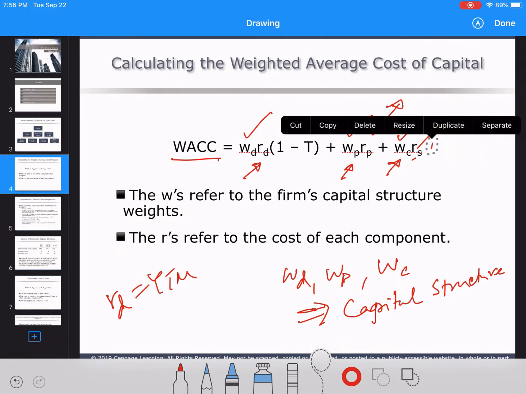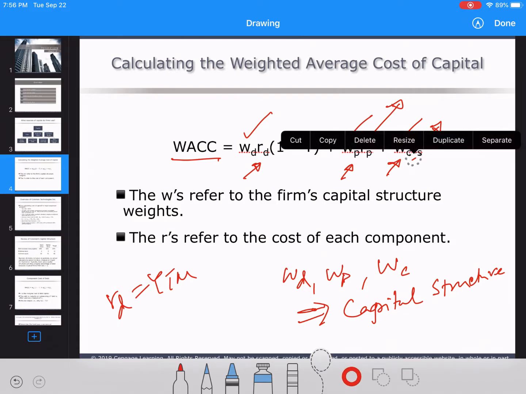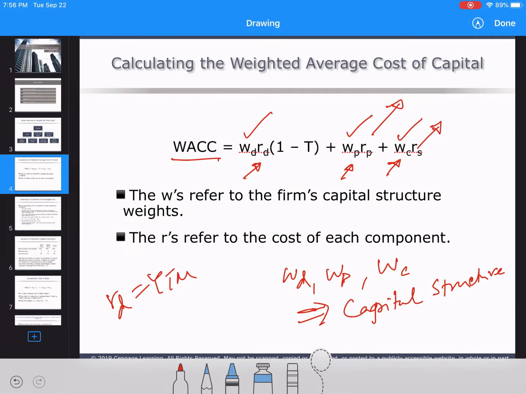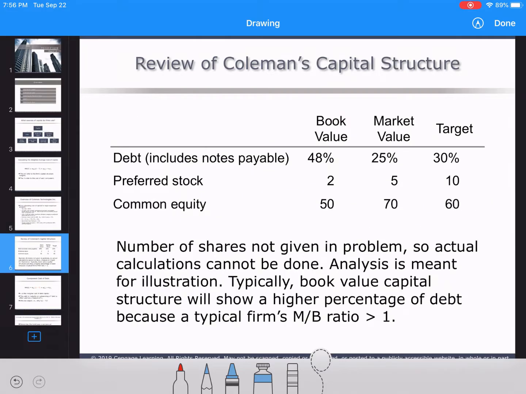One method is CAPM, or another way is the DCF approach, and the last one is bond plus premium. You get the bond return and then add some ad hoc premium to it, because stocks are more risky than bonds. So when you are given the data, you can apply those ways.